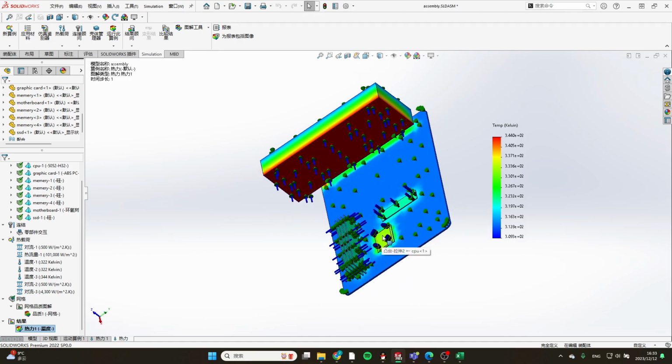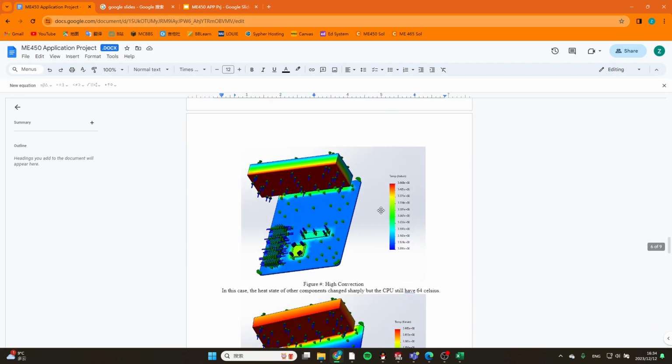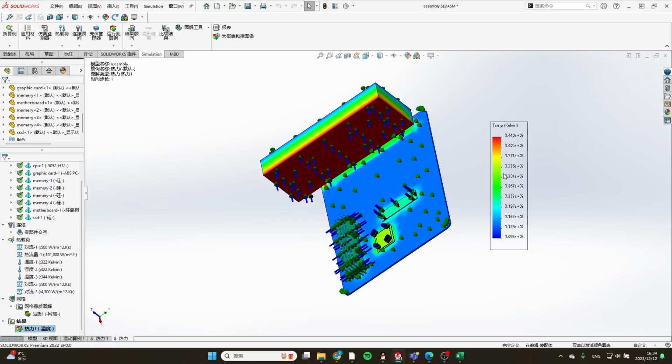So green bar right here, a little bit yellow right here. So the result should be the same as this one. It's very close to 336 to 337 Kelvin.